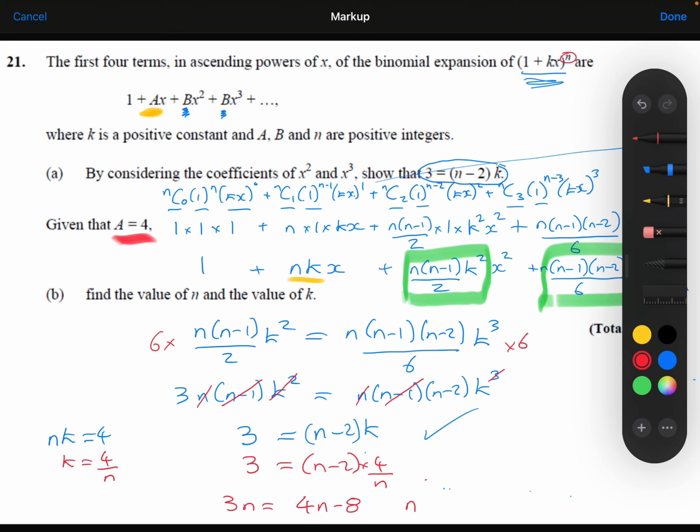So therefore n is going to equal 8, which if I substitute back into the left-hand equation, I find that k is 1/2. There we go.